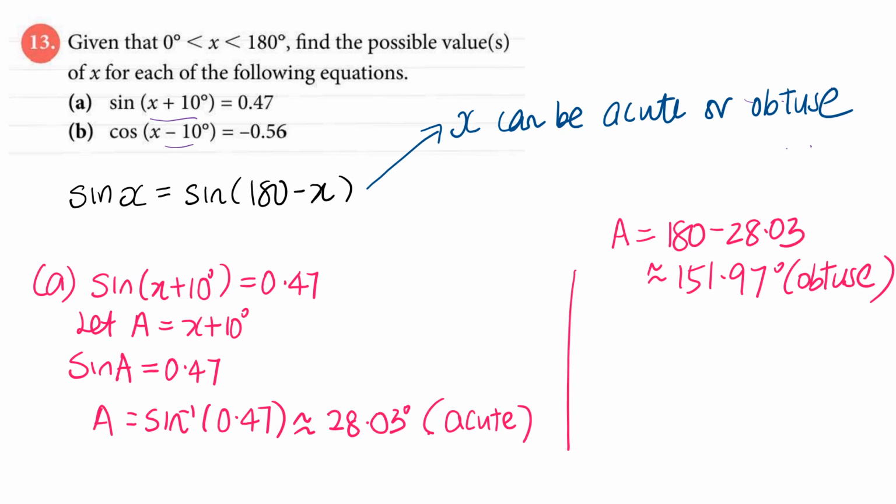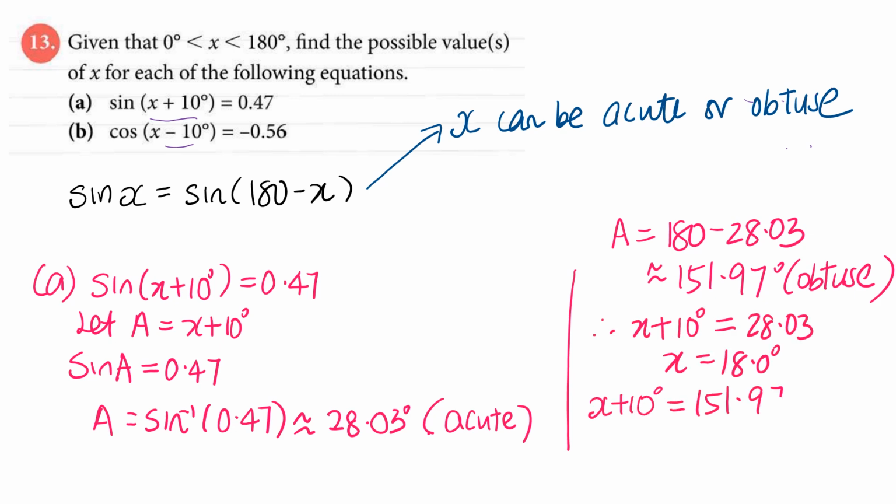The real value you need to find is x, not A. So I need to substitute back my A into your x plus 10. Okay, so x plus 10 equals 28.03. So my answer for your first value of x is 18.0.